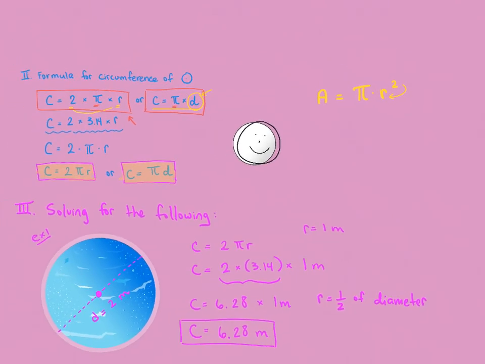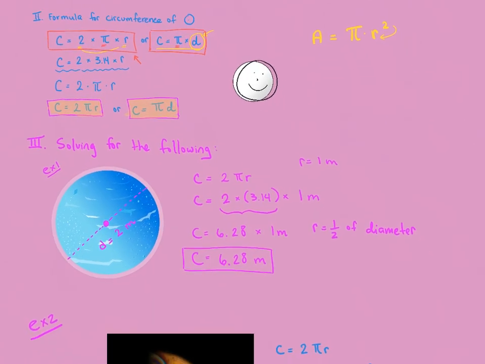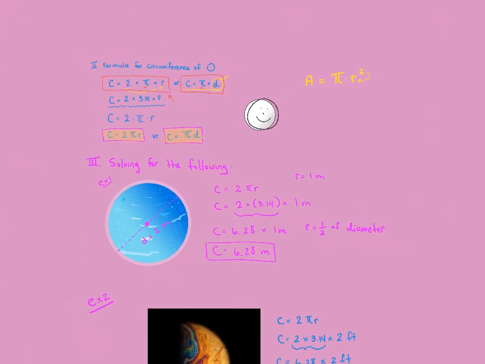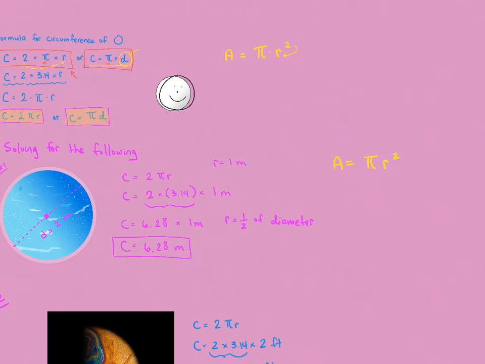So let's go ahead and do the examples that we did here using the formula for area. Let's start with example 1 down here. Let's move this a little bit to the side. So here's the formula for area. Area is equal to pi times r to the second power. Remember, we're not writing a times there because we don't need to.